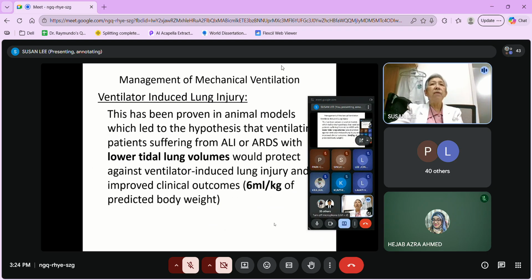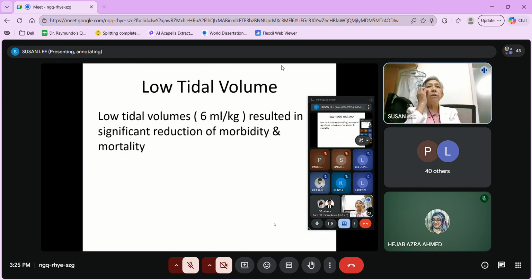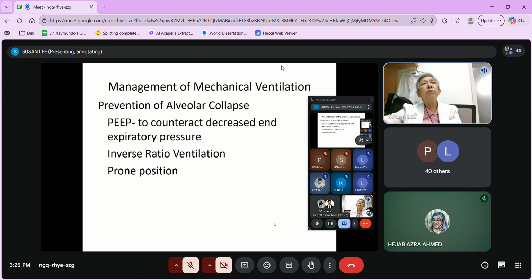Okay, so the advocate now, we have shown quite a good improvement in the outcome of patients with ARDS using the 6 ml per kilogram body weight tidal volume. Okay, so the low tidal volume will result in significant reductions of mortality and morbidity. Okay, and to prevent the alveolar collapse, we counter this by giving PEEP.